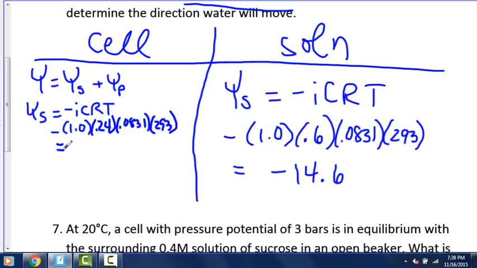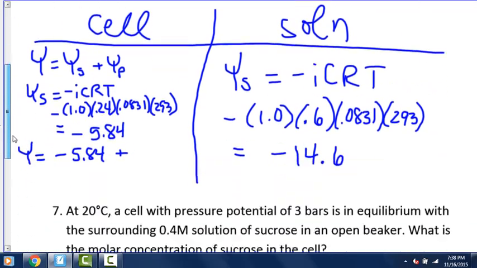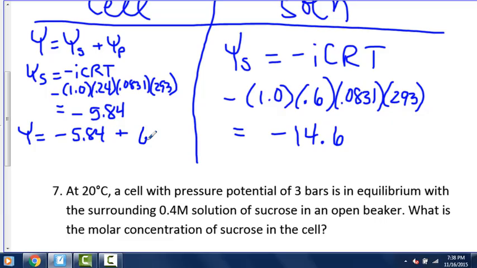I'm going to punch all that into my calculator, and I get negative 5.84. Now what I have to do is I have to say, all right, my water potential is going to be equal to negative 5.84, plus I need to add in the turgor pressure.